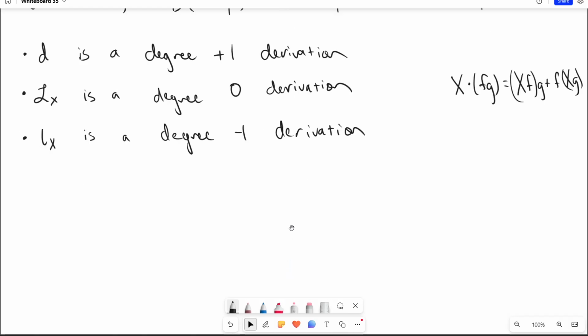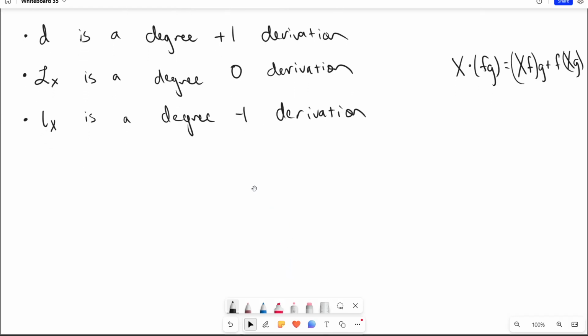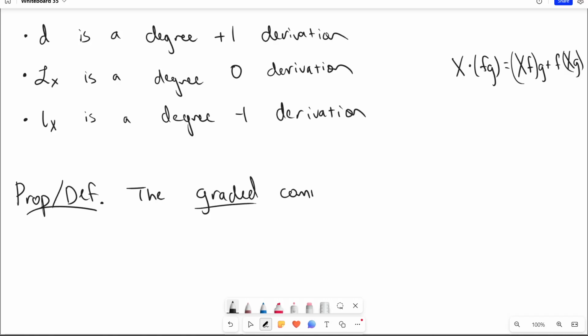So let me write down a little proposition for you. Proposition slash definition, I guess. The graded commutator bracket, so the way we define that is we're given two derivations.